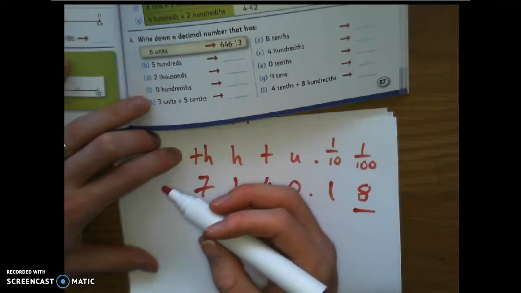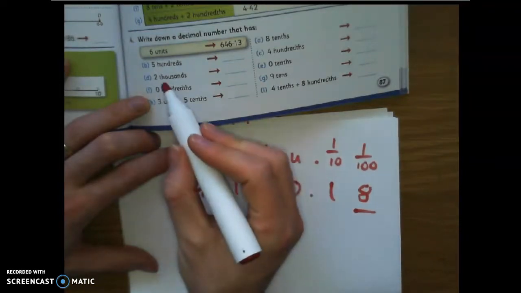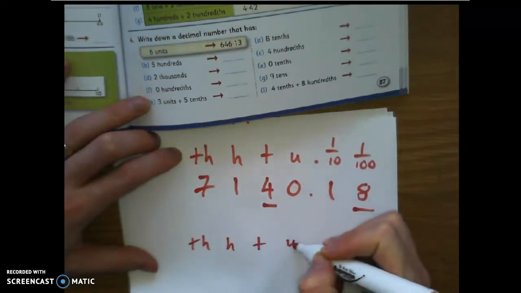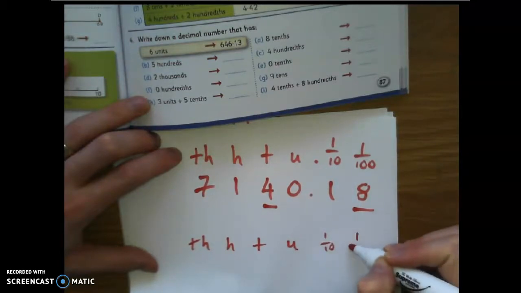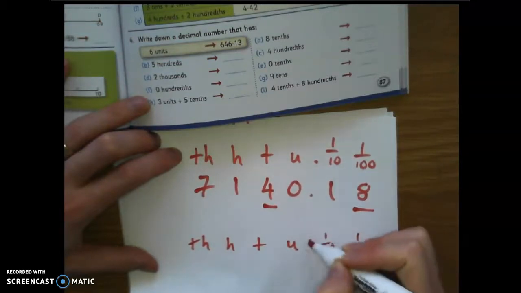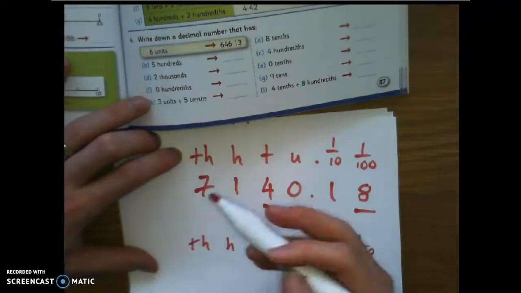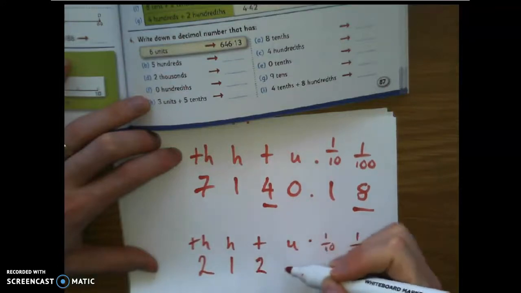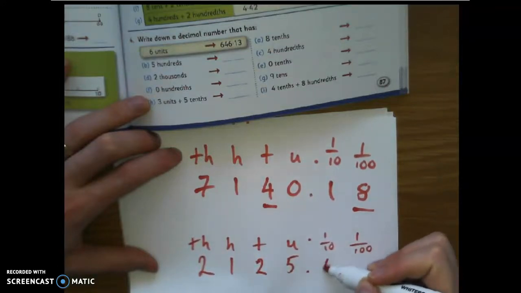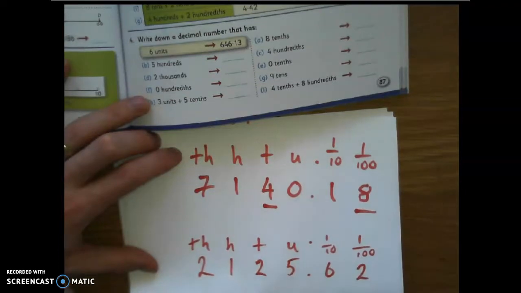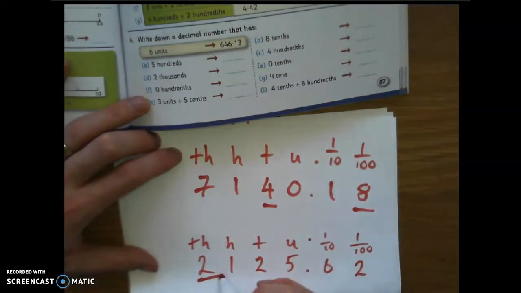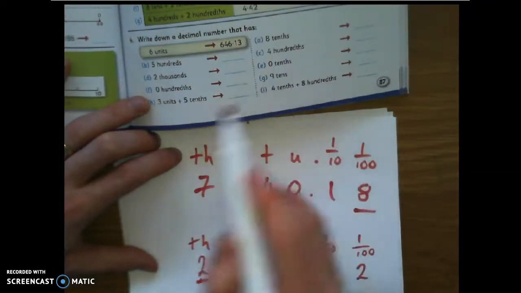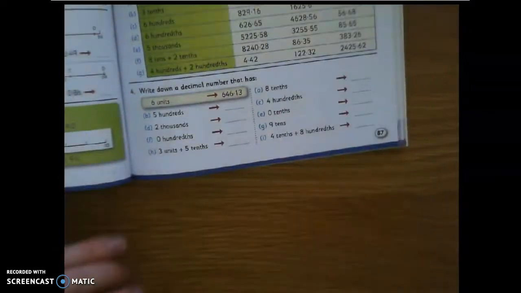Okay? 2 thousandths, again, thousands, hundreds, tens, units, tenths, hundredths, 2 thousandths, there you go, boom, and I can just fill in any old number. Alright, so you just got to make sure that the number you give me has this in it. Okay, so I hope that helps, guys.